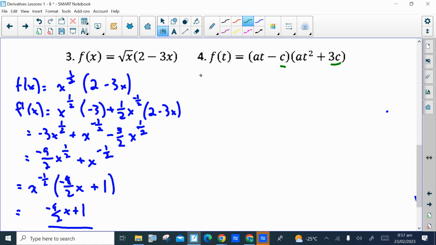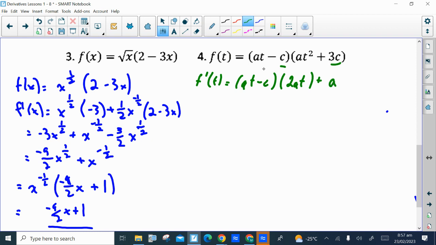So, f prime t, using the product law. The first factor times the derivative of the second factor, which would be 2at, plus 0 if you want, because when you take the derivative of 3c, that's going to be 0. So that's the first factor times the derivative of the second, plus the derivative of the first factor, which will just be a.